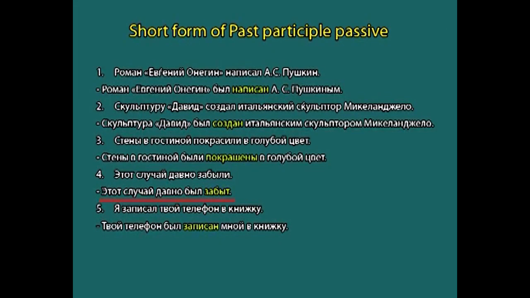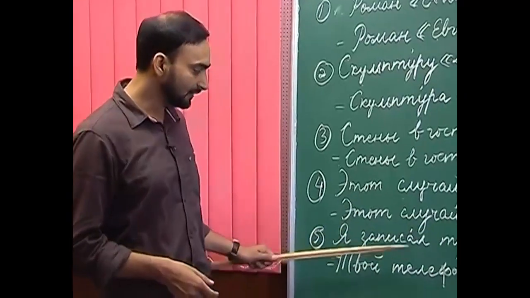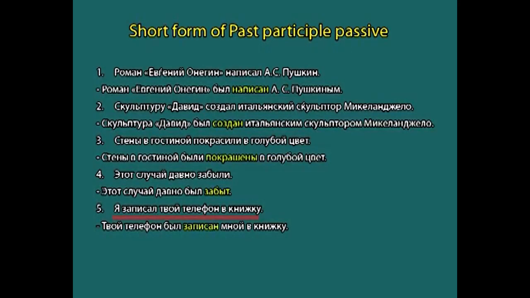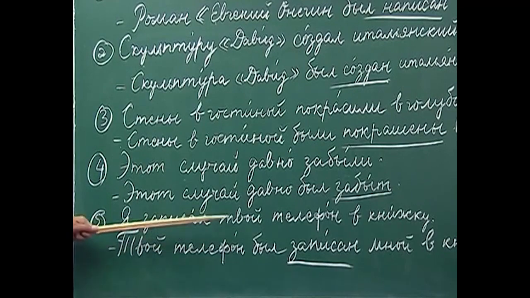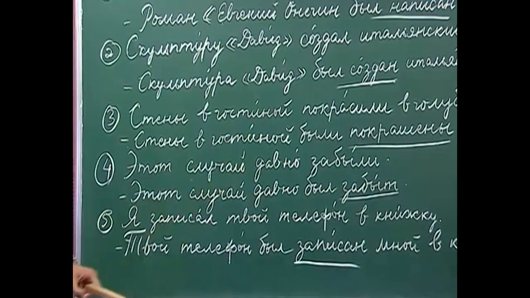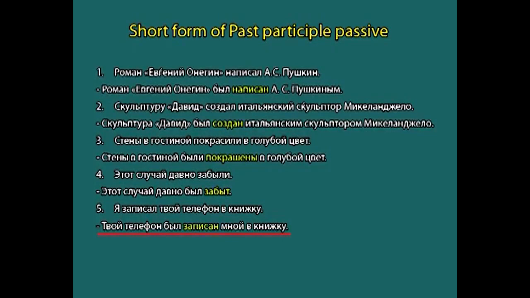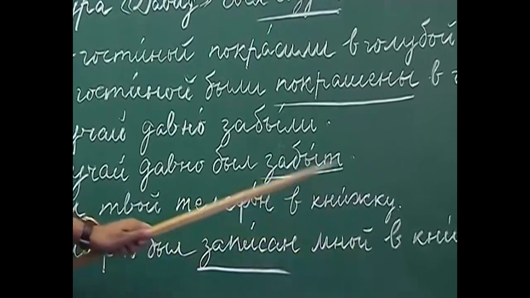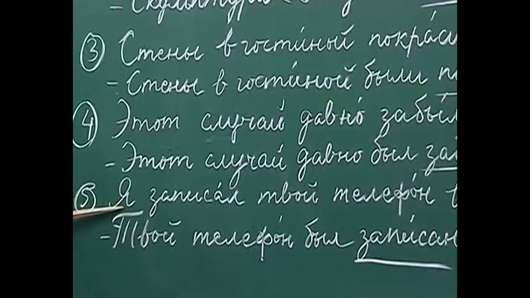And the last example we have is Ya zapisal tvoi telefon v knjižku. I noted down your phone number in the book or a small book. Tvoj telefon bil zapisan mnoj v knjižku. Here mnoj comes from the subject ya.